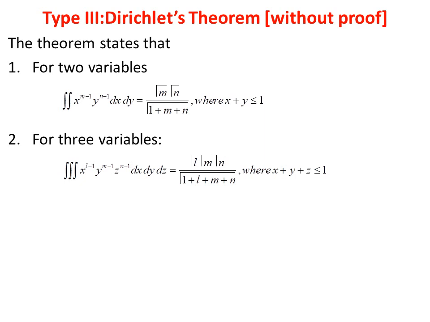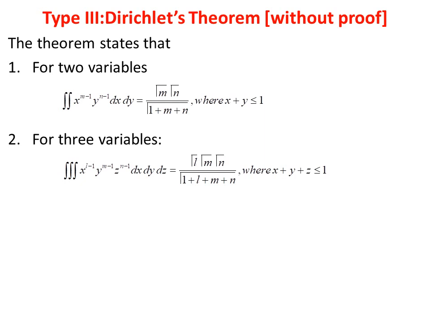For 3 variables, triple integration x raised to l minus 1, y raised to m minus 1 and z raised to n minus 1 dx dy dz, we can evaluate directly in terms of gamma functions as gamma function of l into gamma function of m into gamma function of n upon gamma function of 1 plus l plus m plus n, where x plus y plus z is less than or equal to 1.